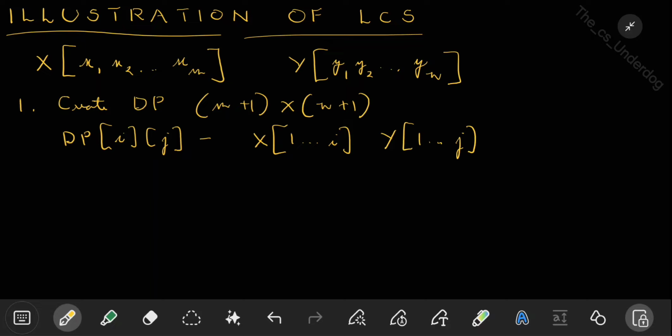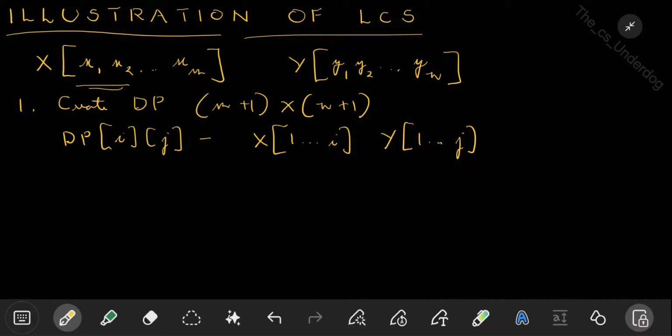At this point, you are only considering the first i letters of x and the first j letters of y. Considering this much of x and y, what is the length of the longest common subsequence? That is what DP[i][j] will tell you.